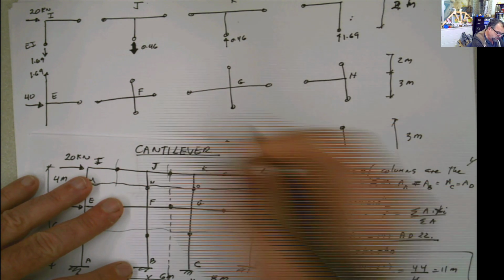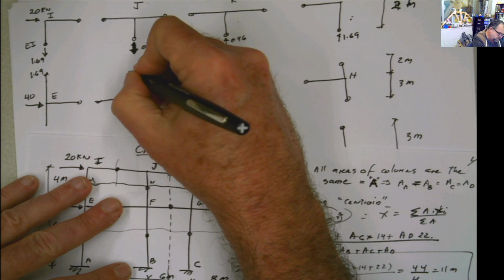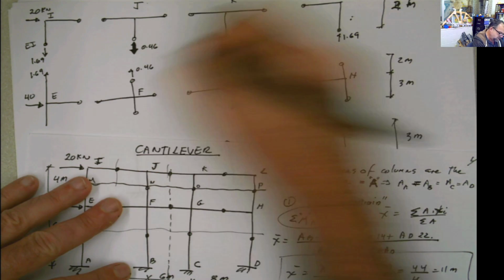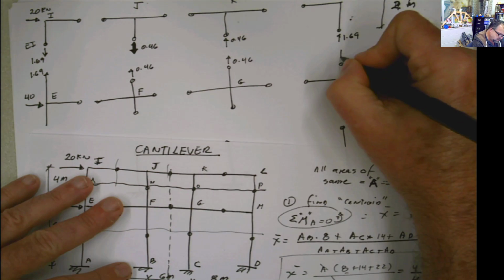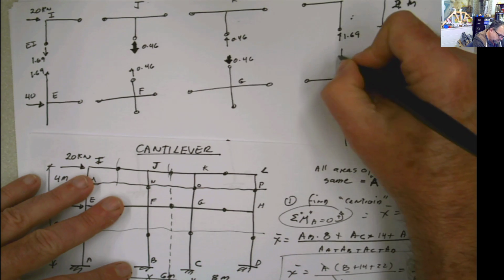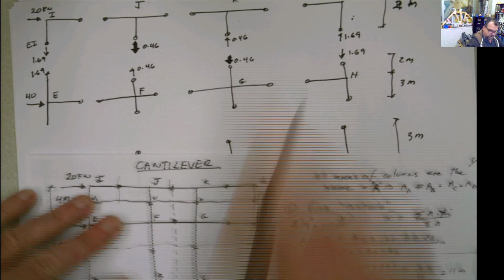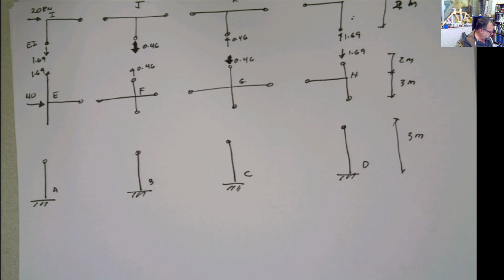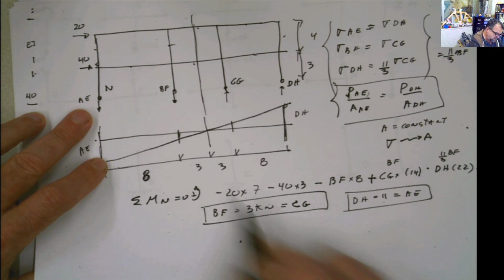All of those values we know, and we know this part also. We can start putting them, because this is 0.46, 0.46 in the other direction, 1.69. And we also know these values here. The values for the columns are 11 here and here, and 3 here and here.